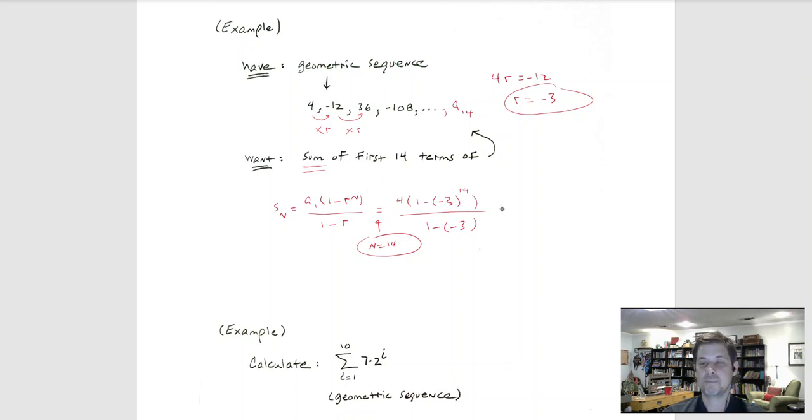Sometimes when students ask questions by email or whatever, they have trouble using their calculators, and if you've got a real simple calculator and you're not getting the right answer as you're practicing, it might be best to just do things in steps. So I'll show you what I get if I do things in smaller steps. First I'll just calculate, what's 1 take away negative 3 to the 14th power?